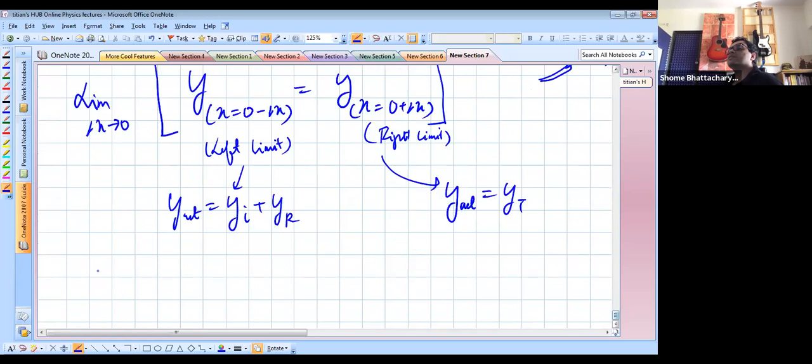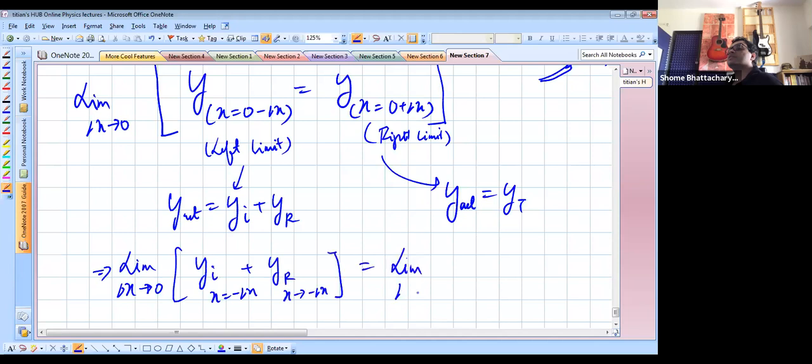Now you can see that on the left hand side, the net displacement plus right hand side, y incident at x equal to minus delta x tending to 0, at x equal to plus delta.